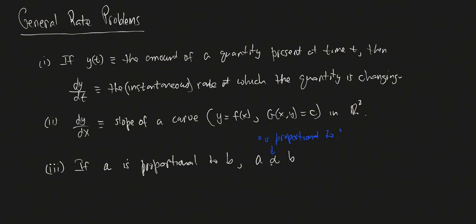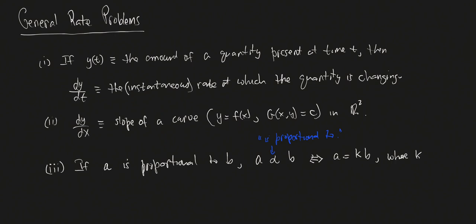Well, if A is proportional to B, what that means is that they differ by some constant multiple. It's another way of saying that A is a constant multiple of B. So we tend to write something like that, and k is referred to as the constant of proportionality. It's a constant, it could be positive or negative.